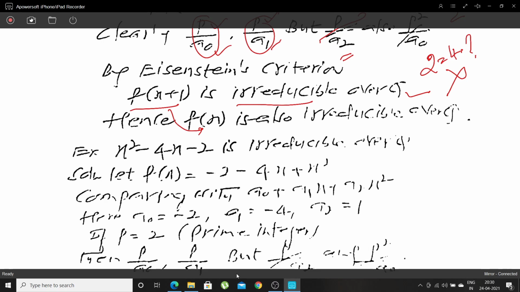If the first question is state and prove the Eisenstein criterion theorem, and the second question is show that x square minus 4x minus 2 is irreducible over the set of rational numbers, at that time you have to solve only by using the theorem, not by the traditional method.